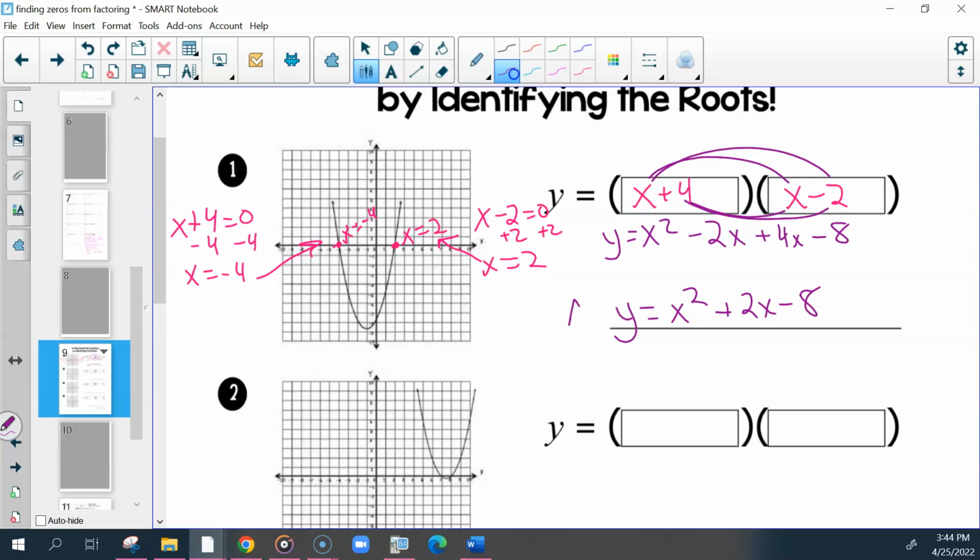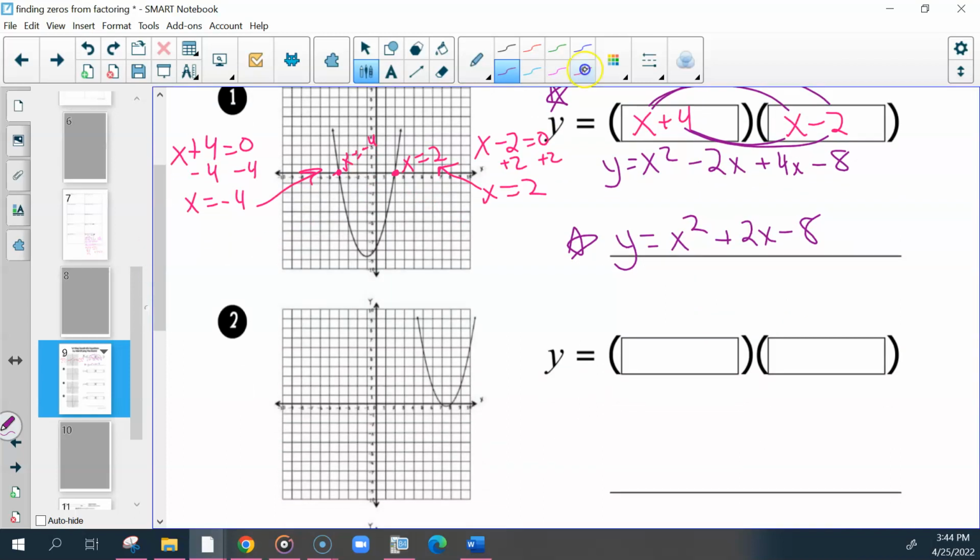You could graph this one, and it should match the one we have graphed. You could graph these in factor form, and that should also match. We'll do one more of these just so you make sure you're good with this. Here, this does have 2 x-intercepts at 7 and 8.